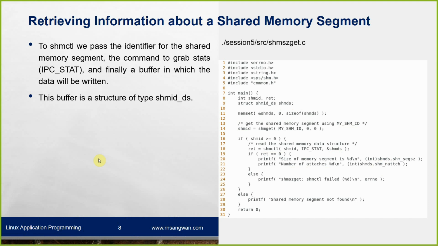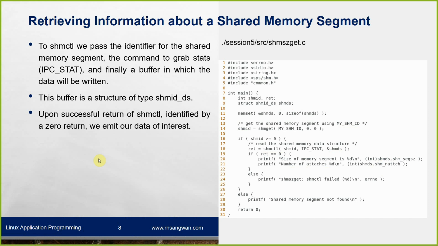Therefore it becomes important that we understand what components are there in this data structure. Upon successful return of shmctl, identified by a 0 return, we emit the data of interest. Obviously, first we need to know what the elements or variables in this structure are.